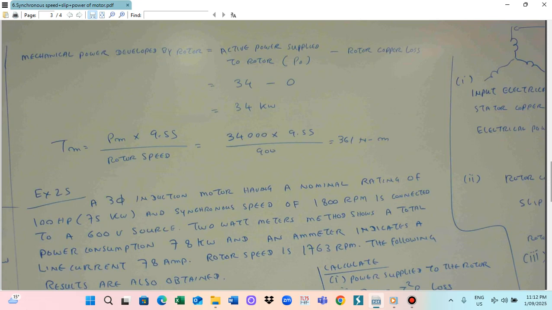The active power supply to rotor is 34, and rotor copper loss is not given, so you assume 0. That way it is 34 kilowatt, and this is the total power output.